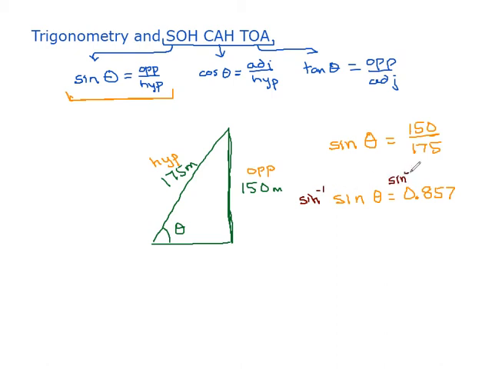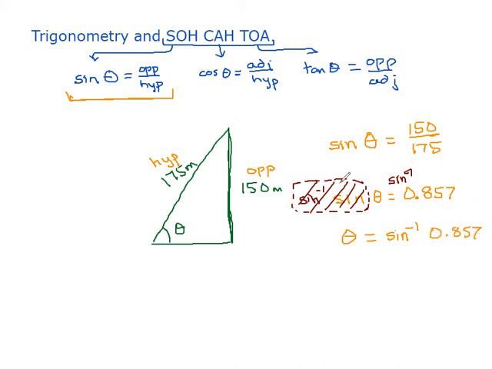You do that to both sides of your equation. And just like squares and square roots cancel each other out, this sine and this inverse sine or arc sine cancel each other. And you're left with just theta equals inverse sine 0.857.